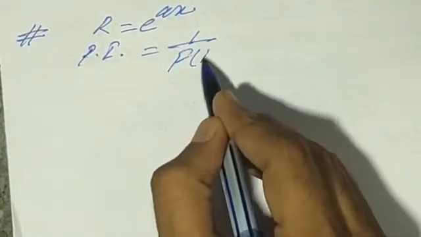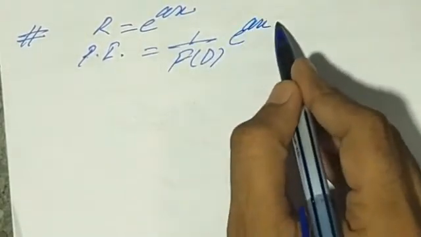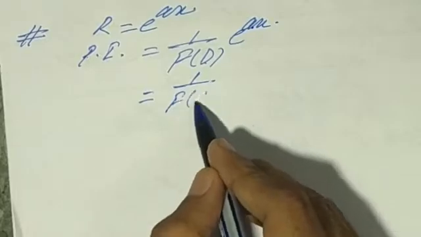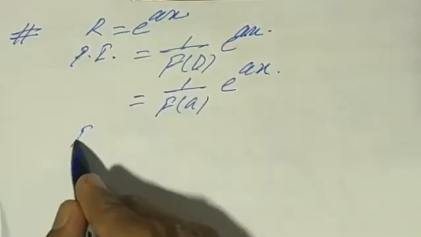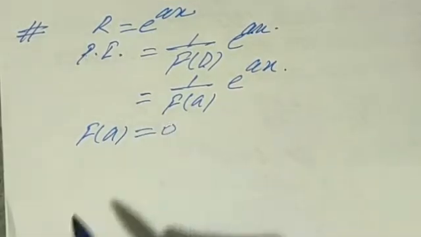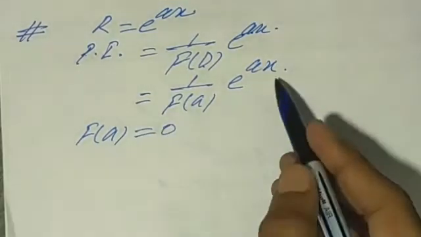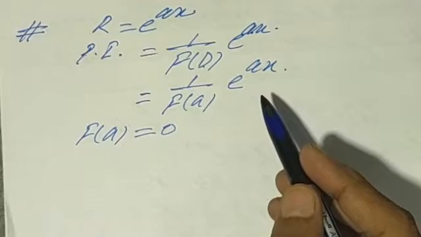Here there is a possibility: when r is e raised to the power ax, the particular integral is 1 upon f(D) e raised to the power ax, which is 1 upon f(a) e raised to the power ax, but sometimes f(a) is equal to 0. In that case, the whole particular integral will be undefined.